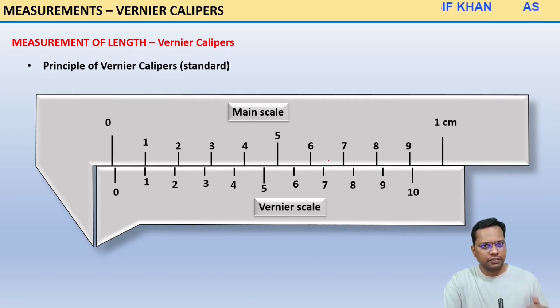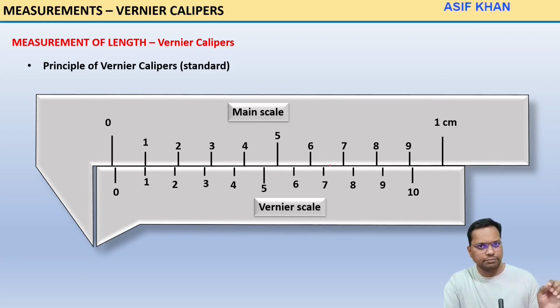In the case of a Vernier calipers, when we take a measurement, we always find the distance between the two zero lines. One zero line is the zero line on the main scale, the other is the zero line on the Vernier scale. So whatever gap is created between the two jaws is equal to 0.1 mm, the gap between the two zero lines.